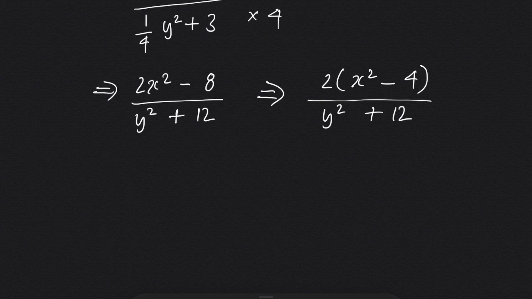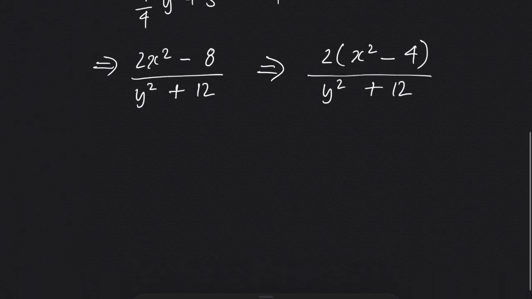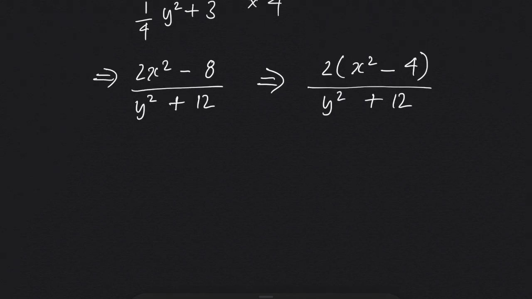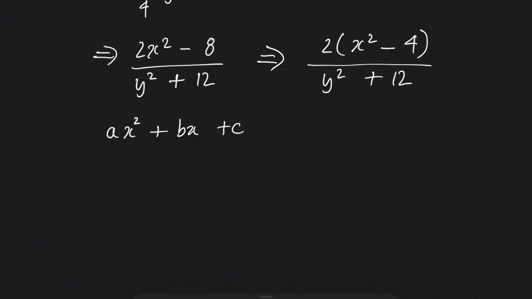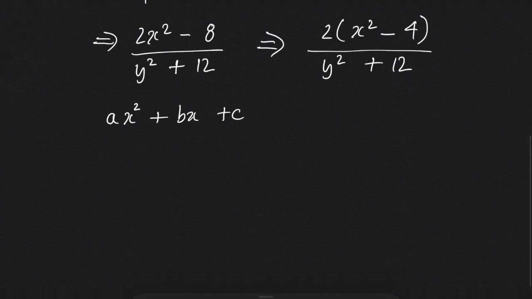We have x squared minus 4, and can we split this into some brackets like we did previously? When we were factorizing our quadratics, we saw if we had something in the form ax squared plus bx plus c, it would be possible to simplify this out. We'll take this down to the bottom. We can see that is x squared, which is our a, plus 0x minus 4.